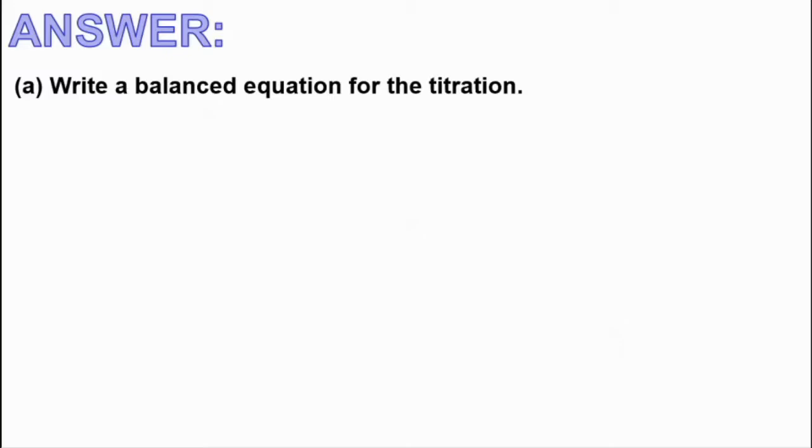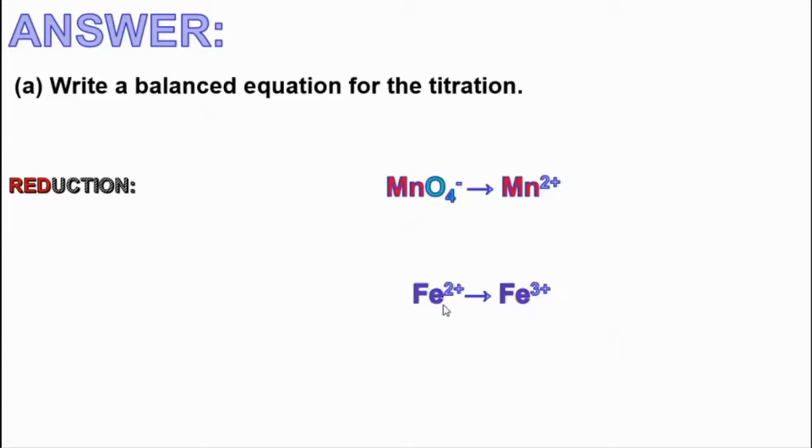We were given the two half equations. The first half equation is permanganate reduced to manganese 2, reduction, and iron 2 is oxidized to iron 3.